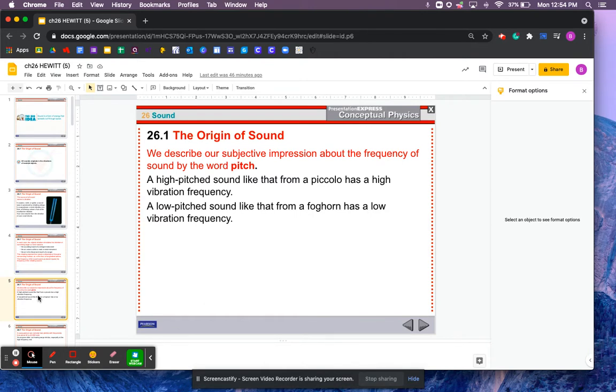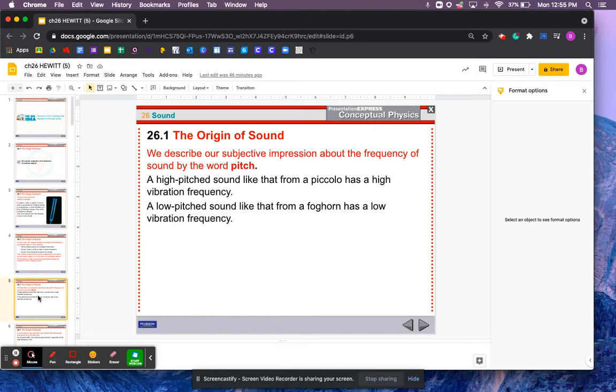For example, your vocal cords change frequency based off of how open or closed the vocal cord is. If you're in band or orchestra, you'll notice that depending on where you hold the strings down on the guitar or what valves are closed on a clarinet, it's going to determine the pitch of sound that the instrument makes.